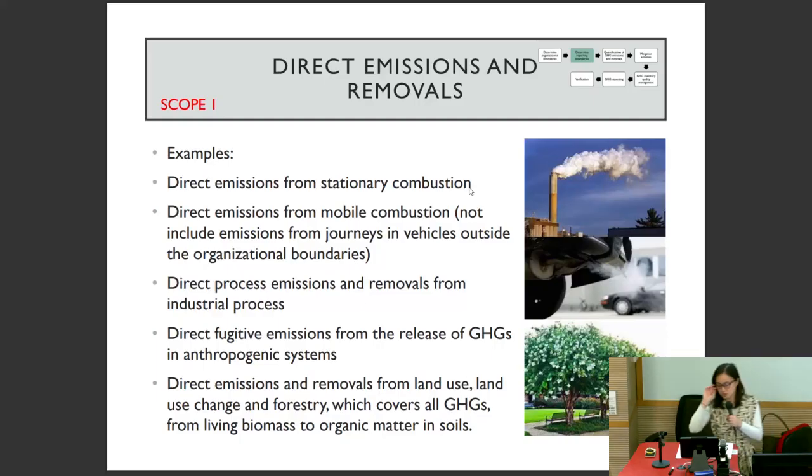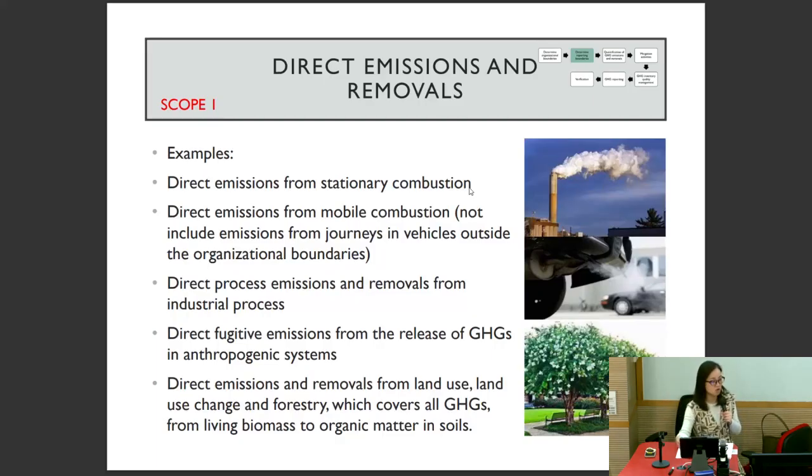For example, a boiler, or maybe you have a furnace for burning stone for a manufacturing process, or a diesel engine generator for electricity, or an incinerator burning waste, and then other industrial processes.